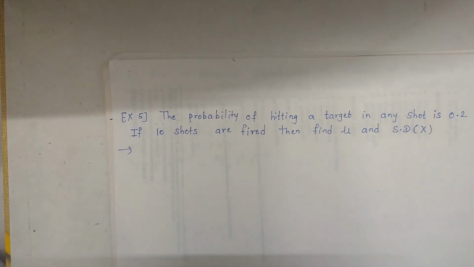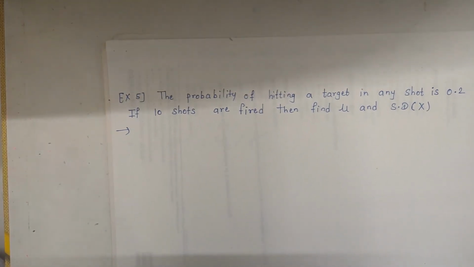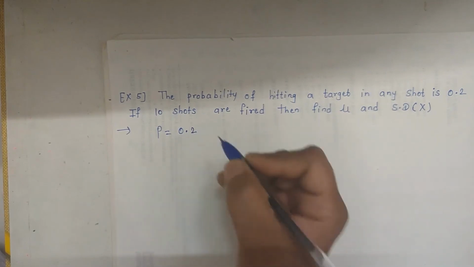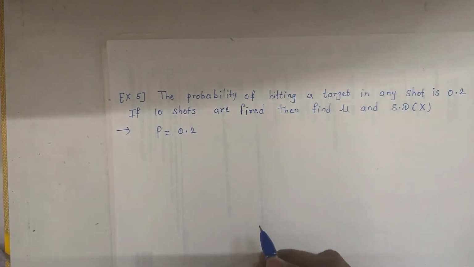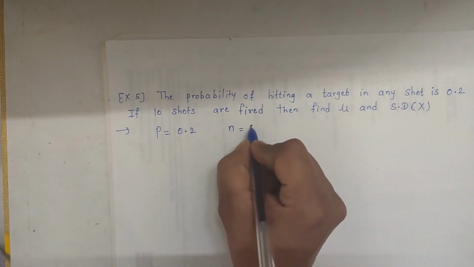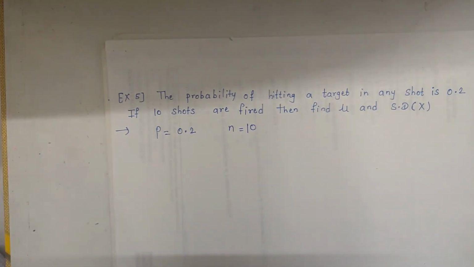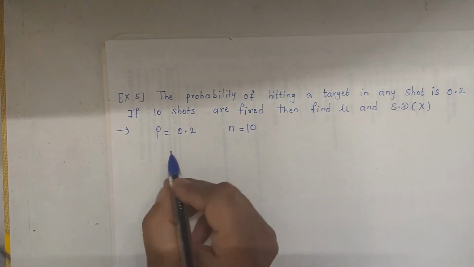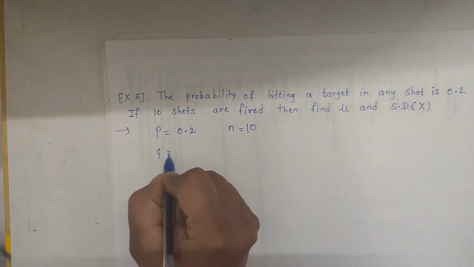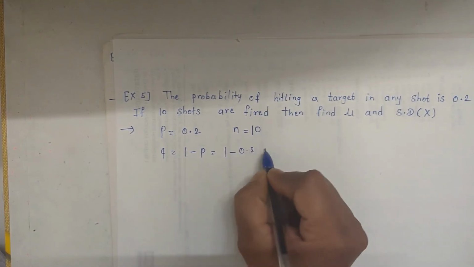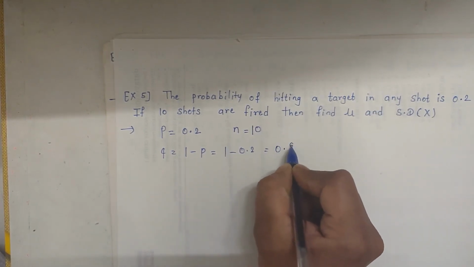So here p is equal to 0.2 and n is equal to 10. So q is equal to 1 minus p, which is 1 minus 0.2, which is equal to 0.8.